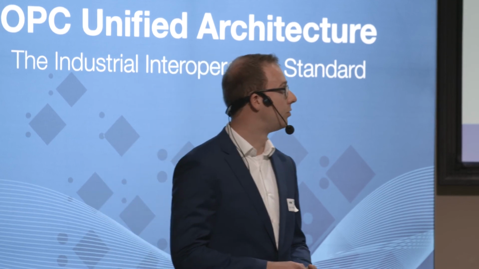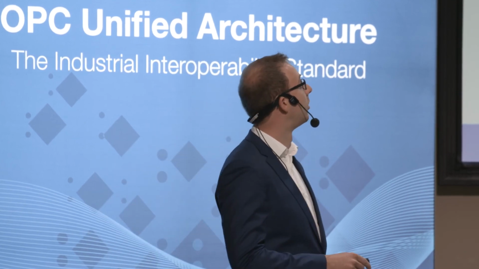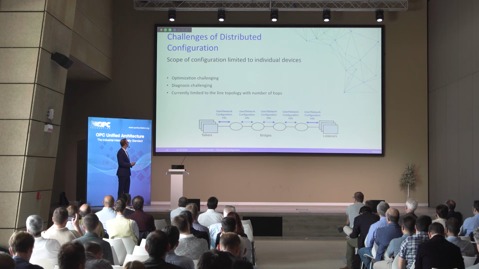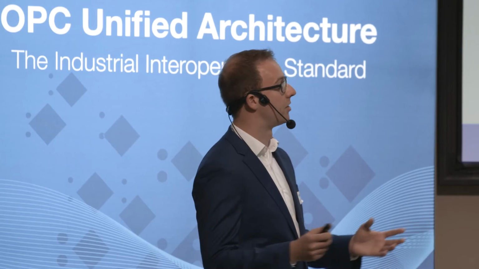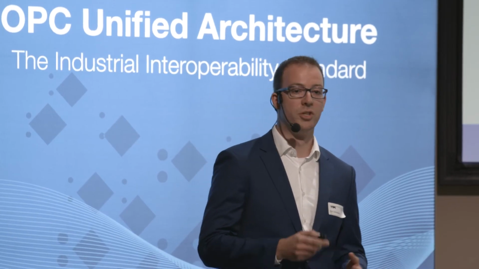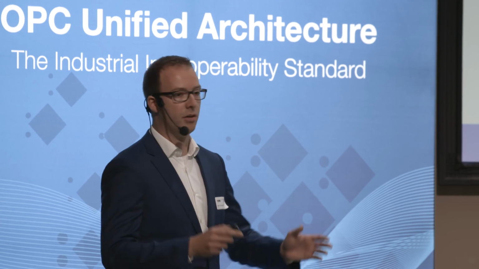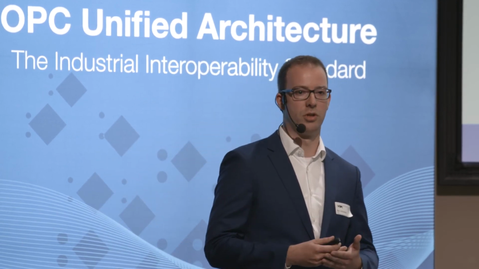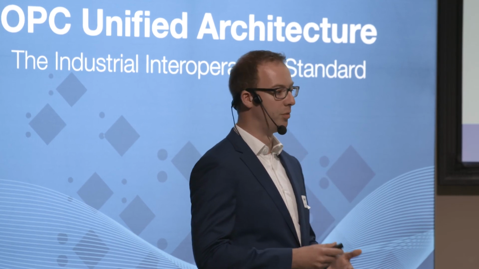So it's really tricky to do configuration diagnosis here. Also, currently, this approach does not scale in terms of the number of hops, like the size of the topology, and is limited to the line topology. But again, these are not unsolvable problems. These are only current challenges that will be solved in the future.